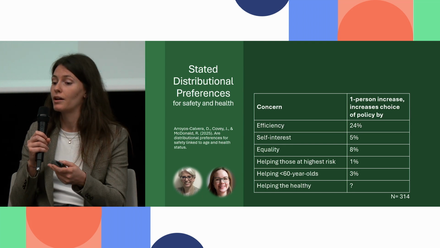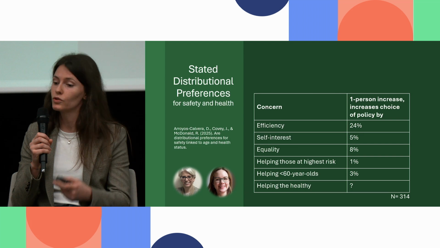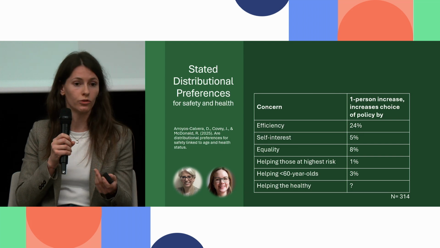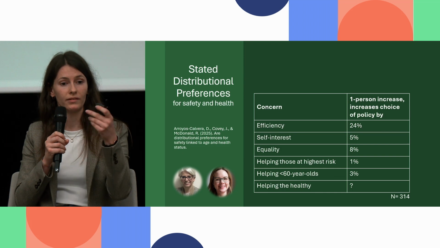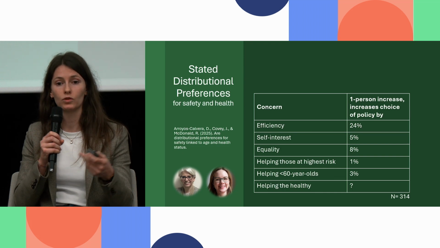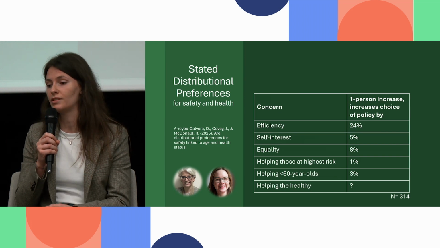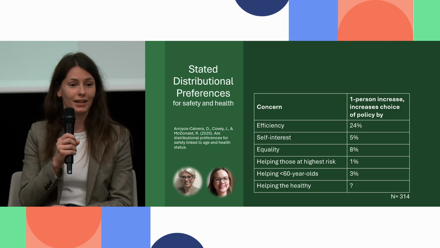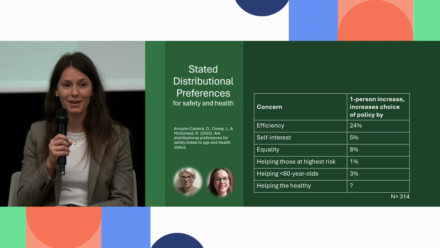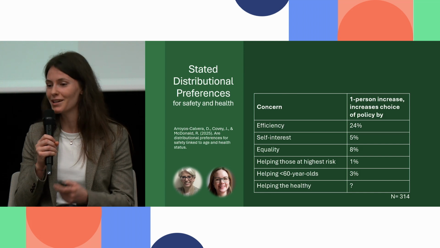So we found that people did prefer to help the younger group. And again, we can now see how that compares to the other criteria that we could use to include distribution preferences. To learn more about health, you'll have to keep in touch because we haven't analyzed this data yet. So yeah, you'll just have to read the paper when it's out.